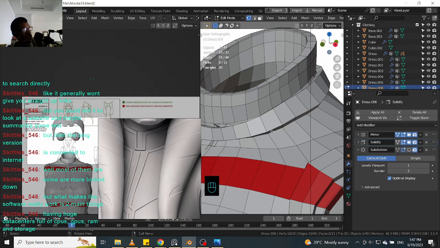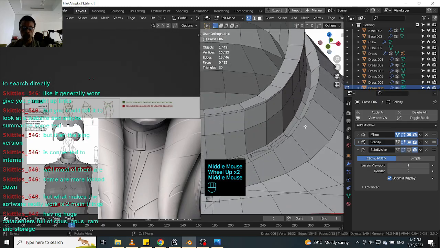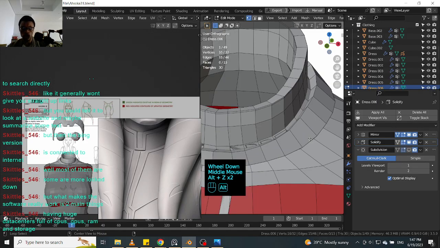But what makes the software really work is two main things. Having a huge data center full of CPUs, GPUs, RAM, and storage.